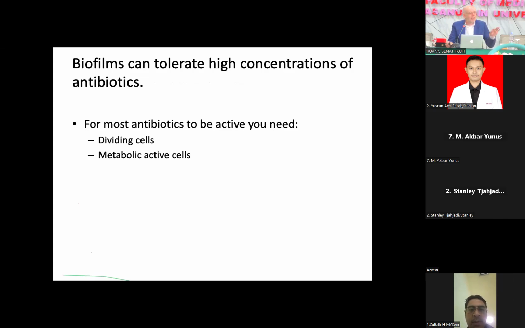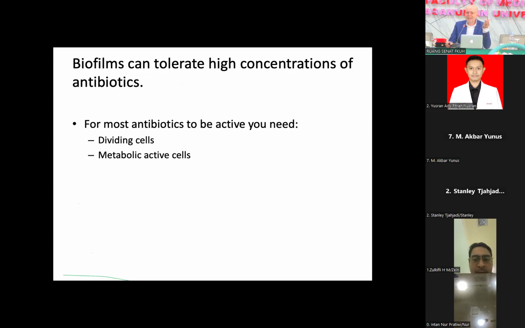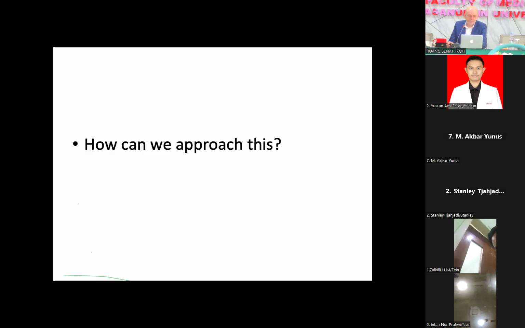So looking at a planktonic, nicely dividing group of bacteria, or looking at a biofilm, you have very different states of metabolic activity, making them, on top of all the things that are already mentioned, again less sensitive to antibiotics. It has been mentioned that in comparison to planktonic grown bacteria, biofilm associated bacteria are up to 1,000 times less sensitive to antibiotics.